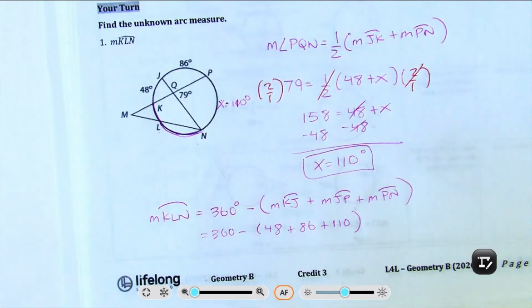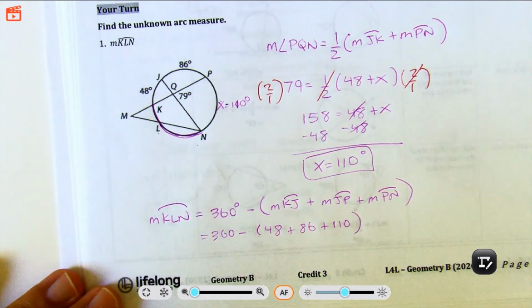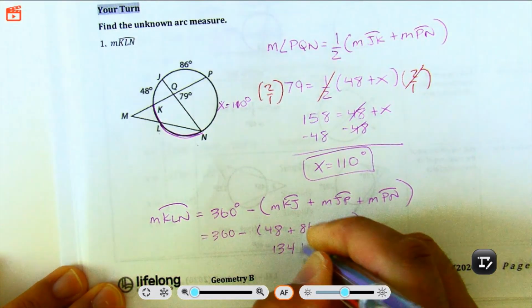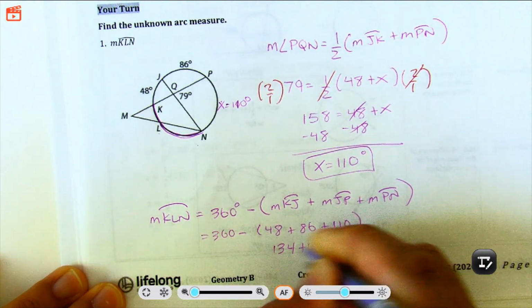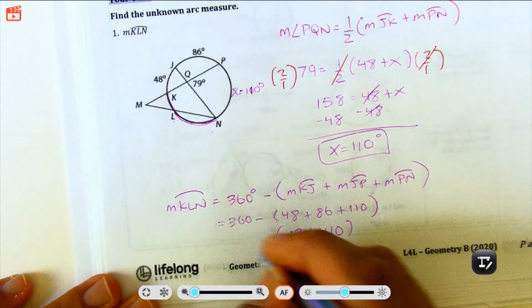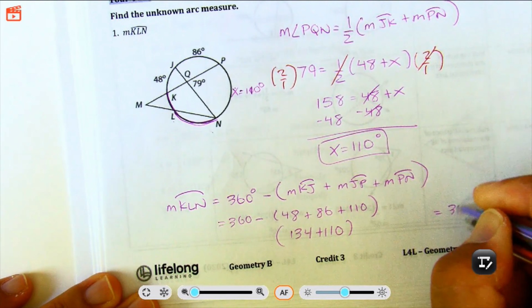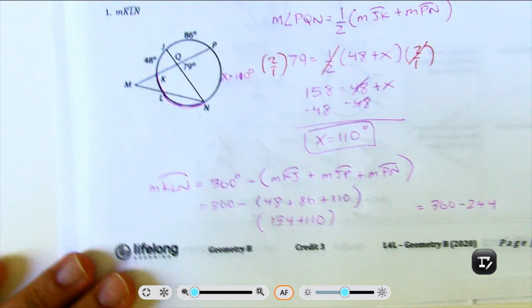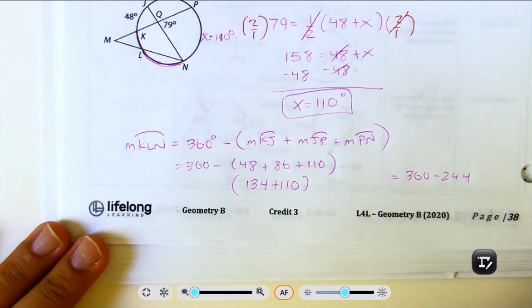So then this is just a calculator problem, but I don't have a calculator, so I'm going to try to do this without a calculator. 48 plus 86 is 134, plus 110, that gives me 244. So this is 360 minus 244, and that is 116 degrees. So the measurement of arc KLN is 116 degrees.